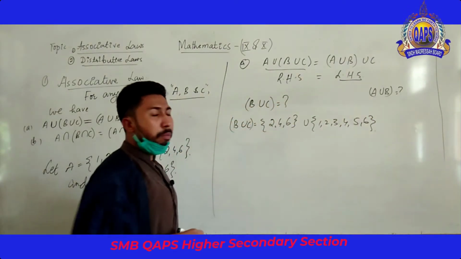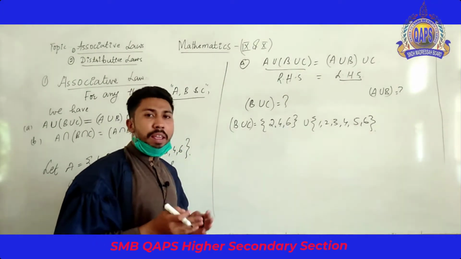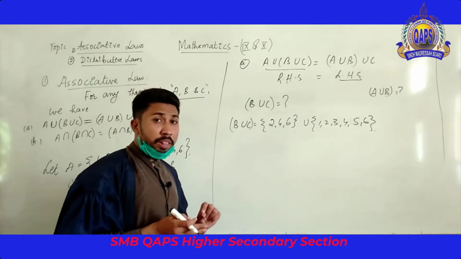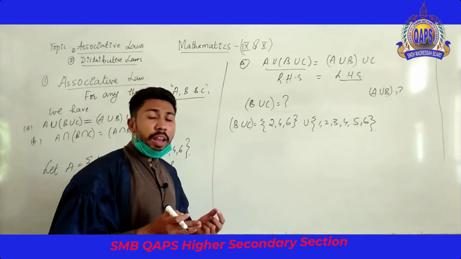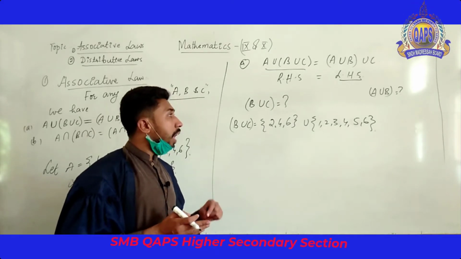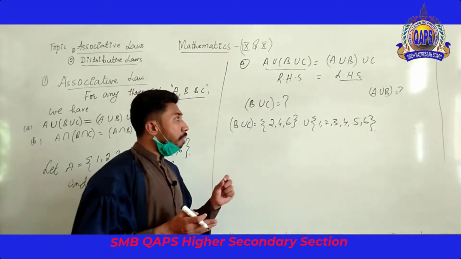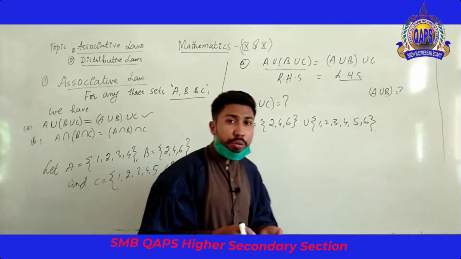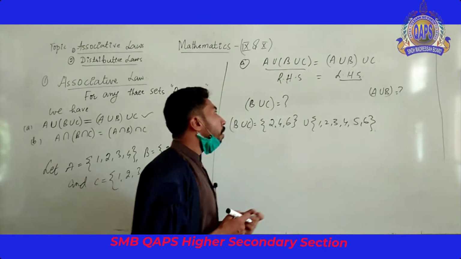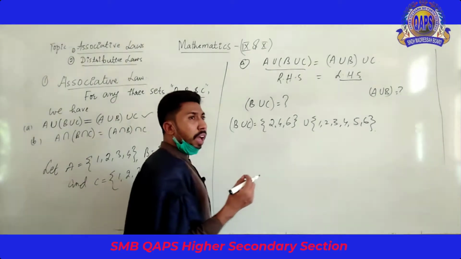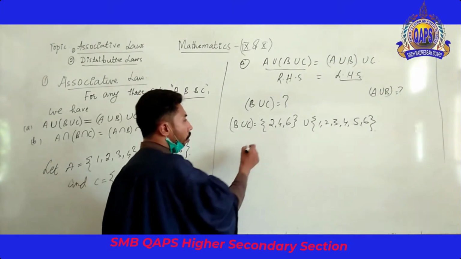Now in the union, we combine the elements, but when both sets contain the same elements, then in the answer we put those same elements, which are contained in both sets, in a single form, written once.